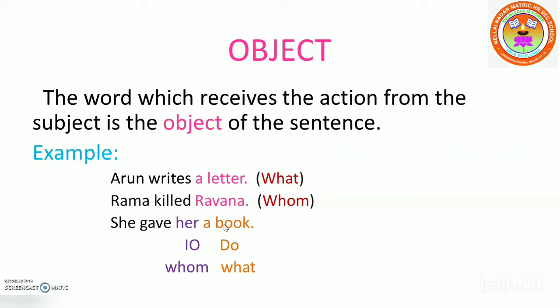And a book, it answers the question of what? What did she give? So here we can classify these objects into direct object and indirect object. The word which answers the question what is called the direct object. The word which answers the question whom is called indirect object.